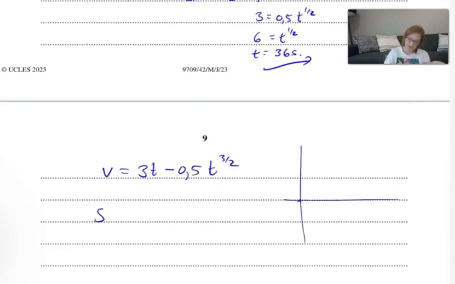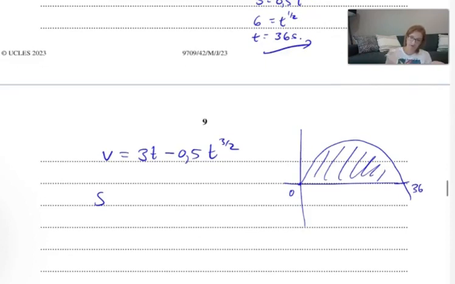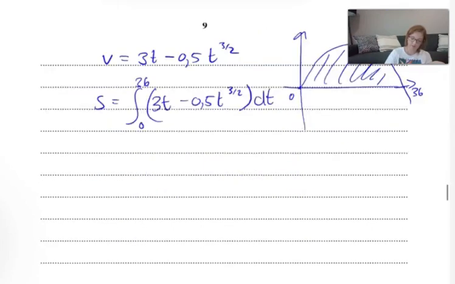It passes 0 at 0 and 36, and it's an unhappy quadratic. And I want the distance, which is the area under the graph, if you understand velocity time graphs. Okay, so for my distance, I'm going to just do a definite integral between 0 and 36, because my area is going to give me my displacement.